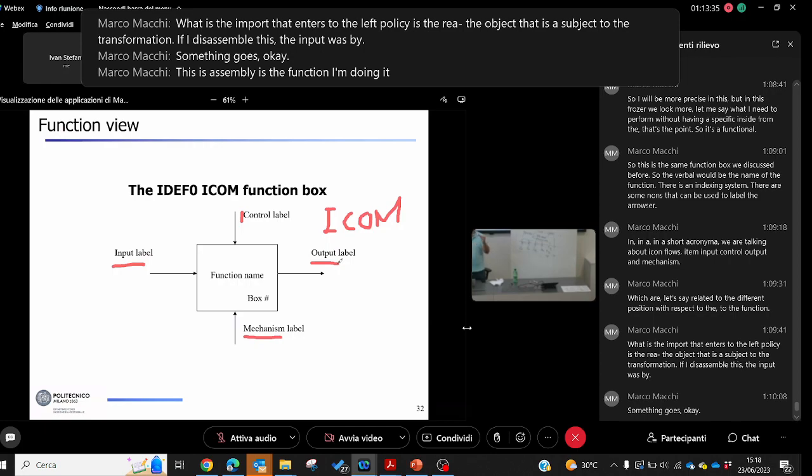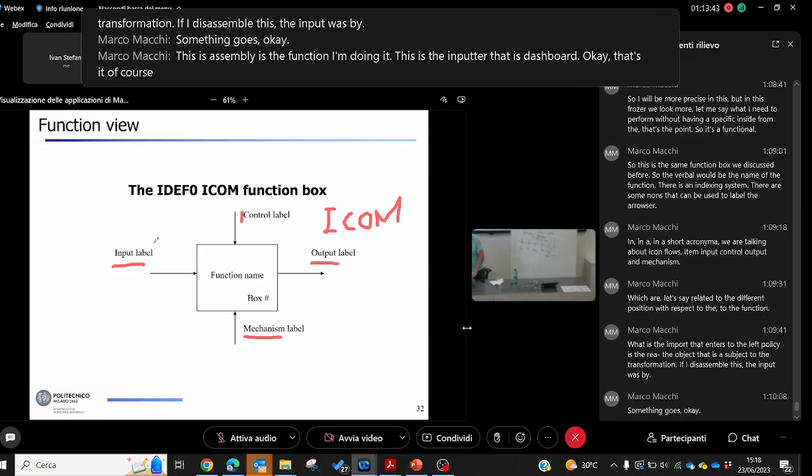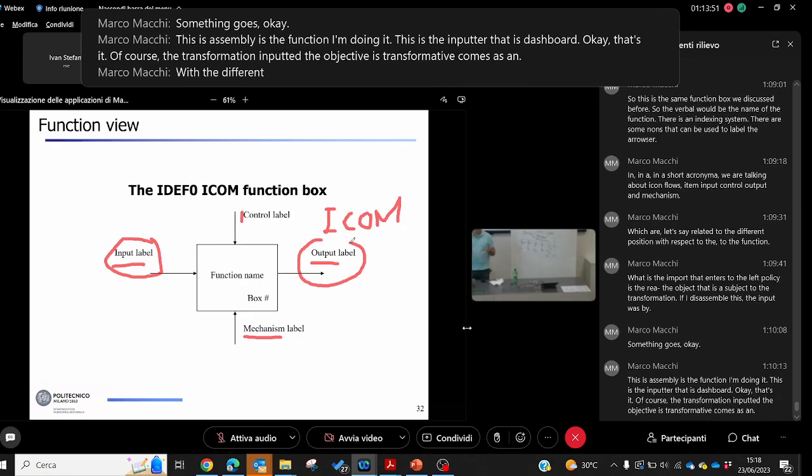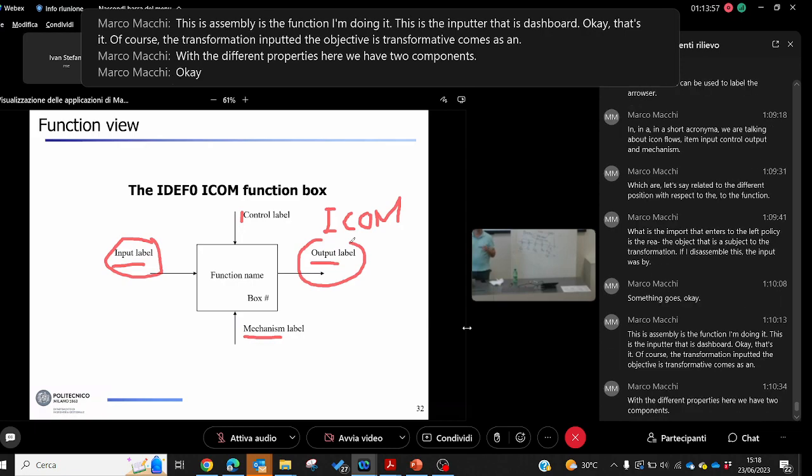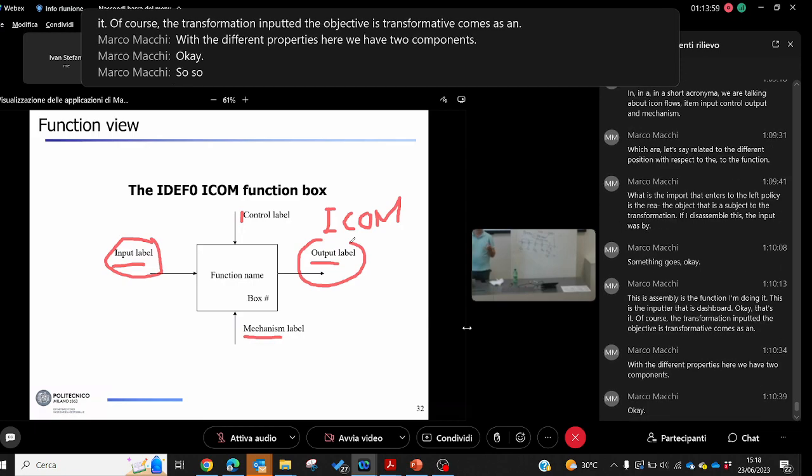This is the input that is transformed. Of course, the input, the object that is transformed, comes out as an output with different properties. Here we have two components. So these are the outputs.